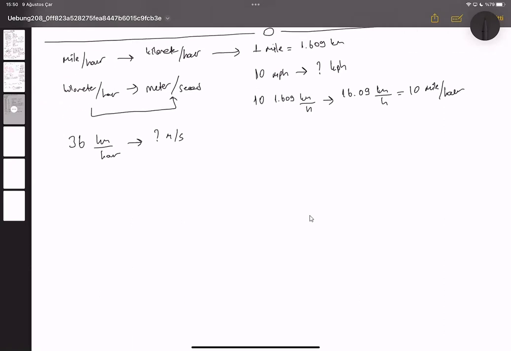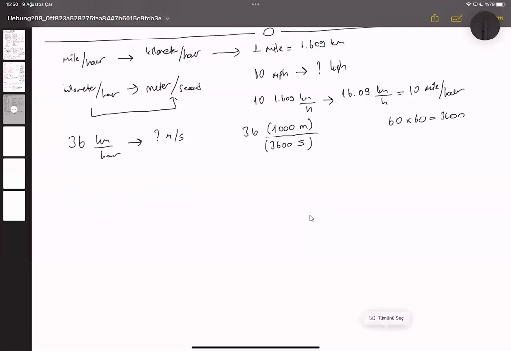So, firstly, we must write down meter against kilometer, and we know that 1 kilometer equals 1000 meter, so we can write 1000 meter. And for the 1 hour we can say in 1 hour we have 60 minutes, in each minute we have 60 seconds, so it makes 3600 seconds.